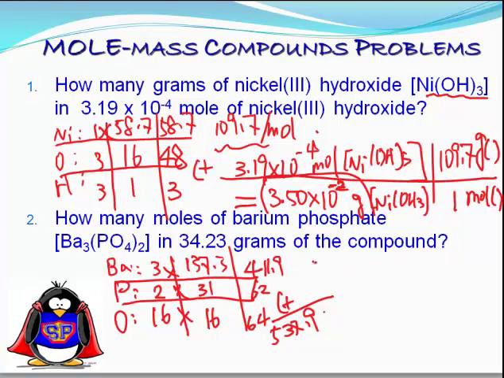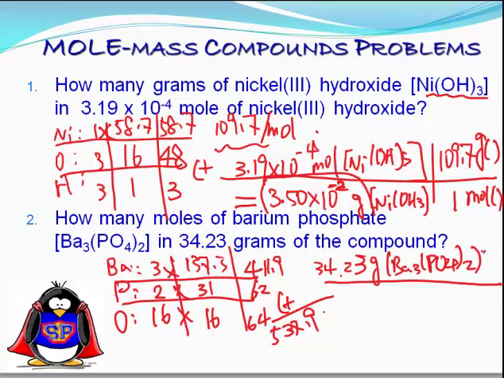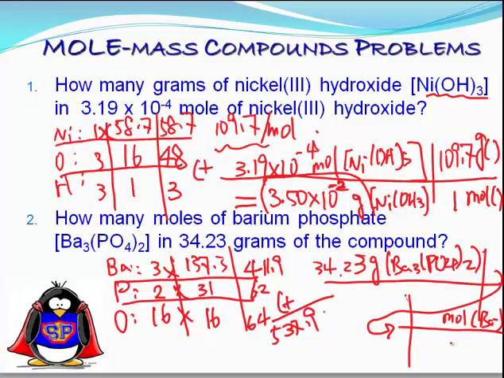Now you're going to start with 34.23 grams of the compound, barium 3PO4, and you continue on this side, you want to go to mole of the same compound. Then you say, oh, I gotta put the molar mass.